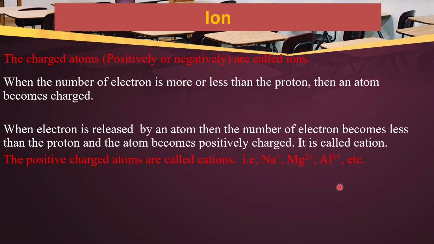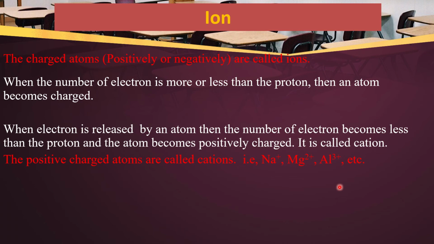And you know the atoms which have 5, 6 or 7 electrons on their last shell, they want to do what? They accept electron, and after accepting electron, their number of electron becomes more than the number of proton, so they become negatively charged. The atoms which accept 1 electron will become mononegatively charged.